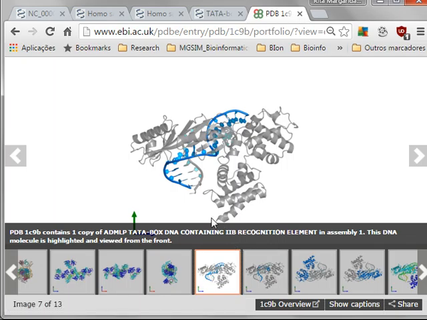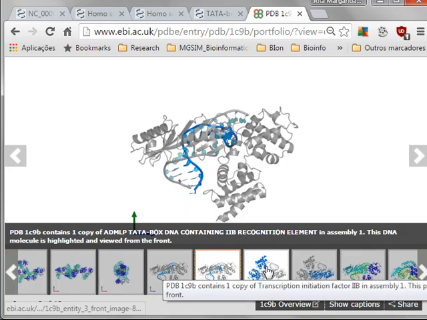In this, you can see the double helix of DNA combined with the protein that has the beta strands and the helices that are the secondary structure, and all these turns that become the 3D structure of the whole protein that can interact with the DNA molecule presented in blue.